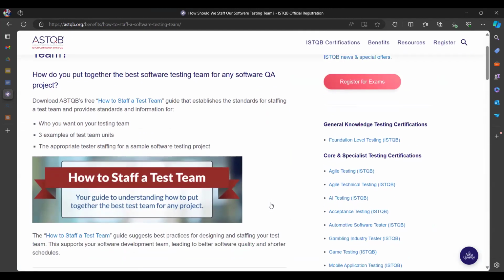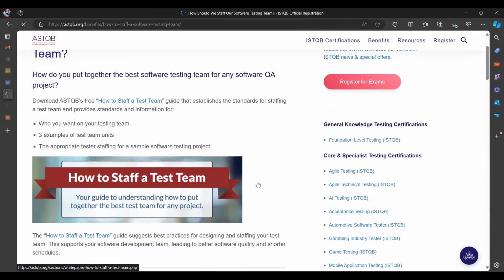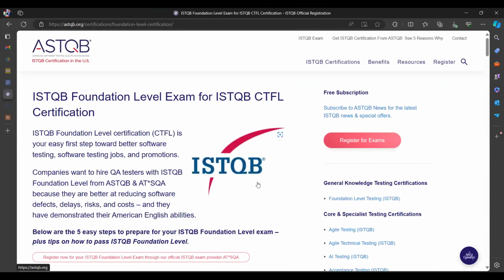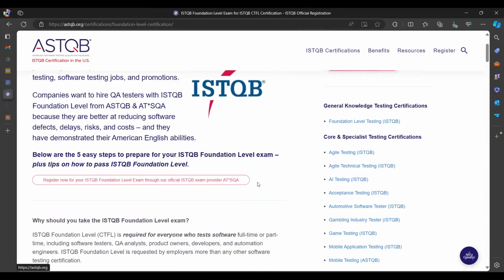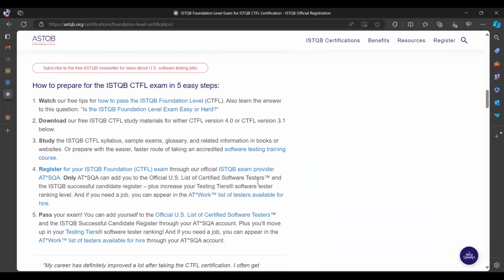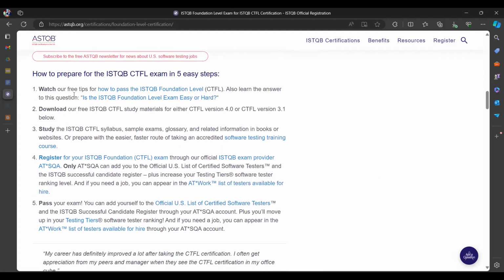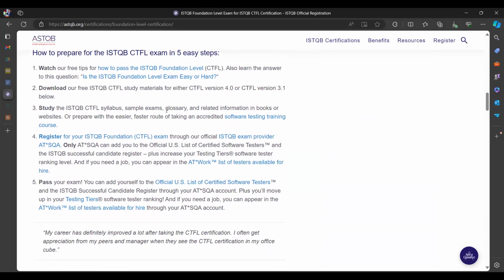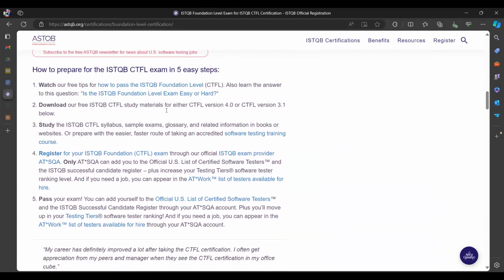They also have various things. If you go to foundation level, I'm showing this in case you want to build your career on software testing. So there are some videos and there are study materials, right? PDFs and lots of stuff.